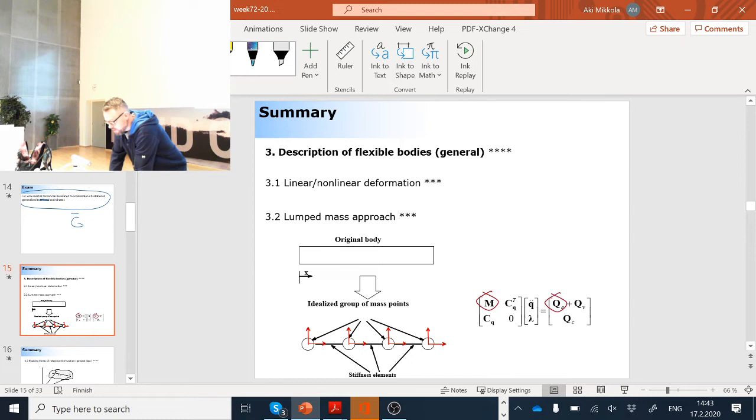Description of flexible bodies. Linear and nonlinear deformation. What is the difference between the large deformation and small deformation? When you can say you deal with the large deformation? You deal with the large deformation when strain displacement relationship is nonlinear.